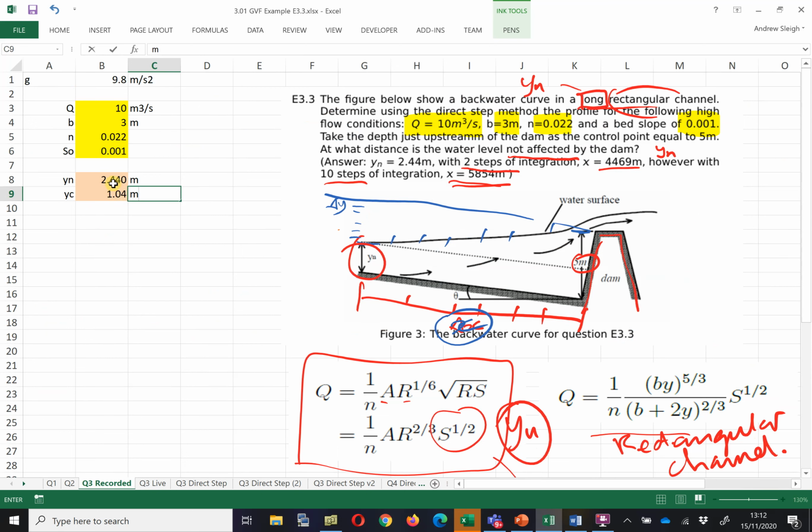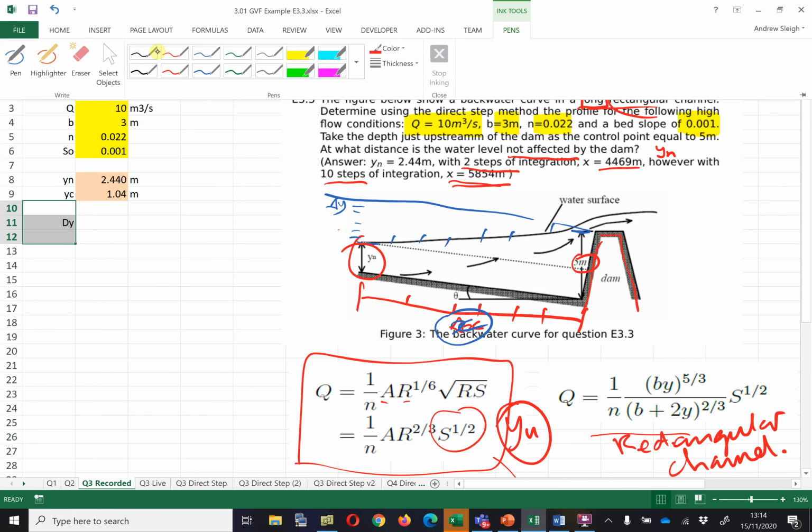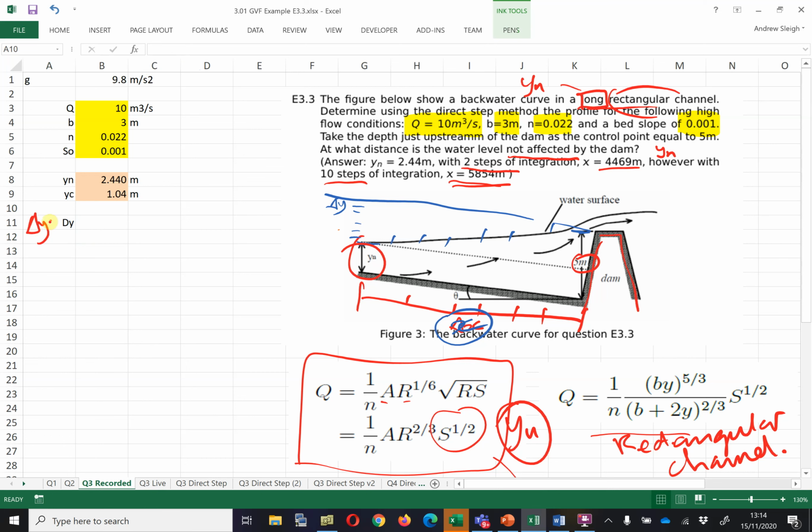So we've now started the calculation. We need to work out a delta y. I'm just writing in as capital. So delta y, I need my pen here. What's our delta y? Well, let's just write in here num steps, and we're going to put that in as 10 number of steps.